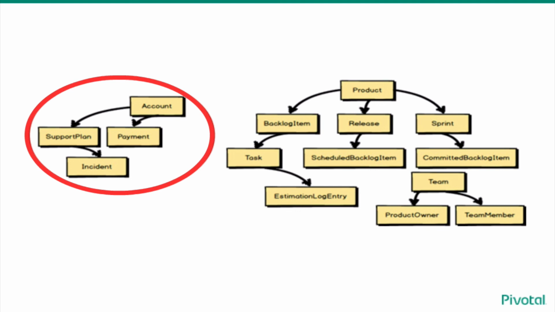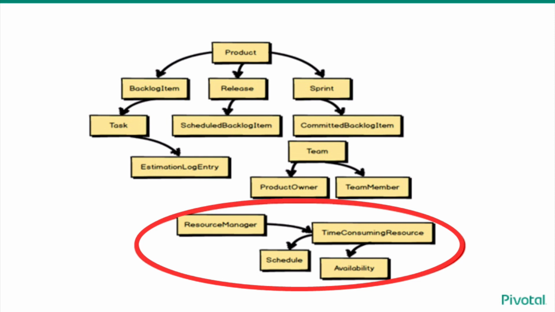Therefore, these are also out of context. They're not part of our core domain. The same goes for resource manager, time-consuming resource, schedule, and availability. We probably do want to have concepts like this somewhere in our system, but they're not part of the core model. So we're going to reject them, and they will not be part of our core domain.